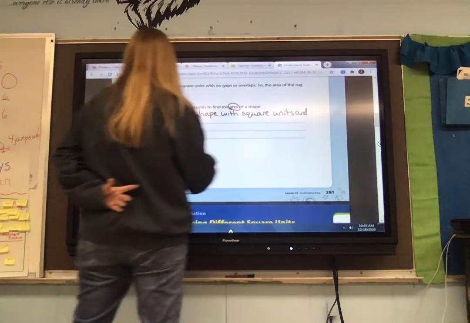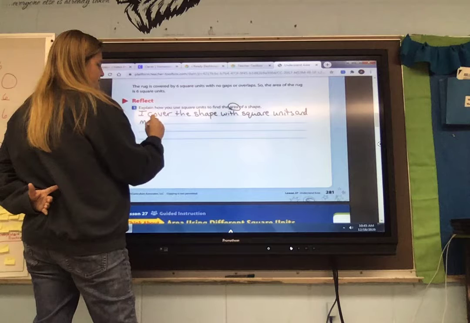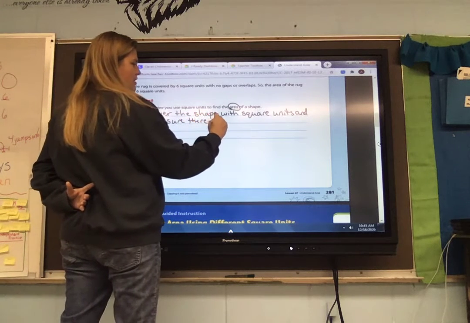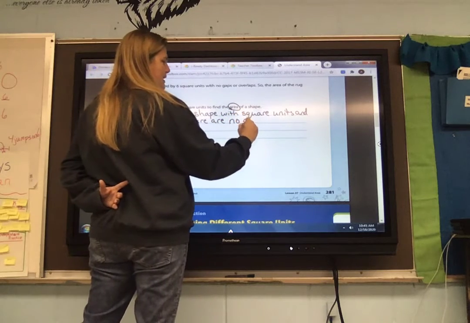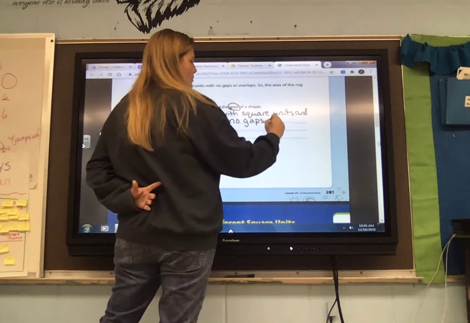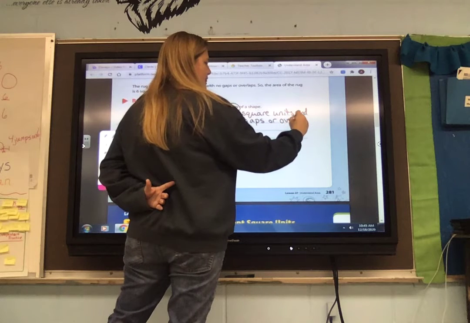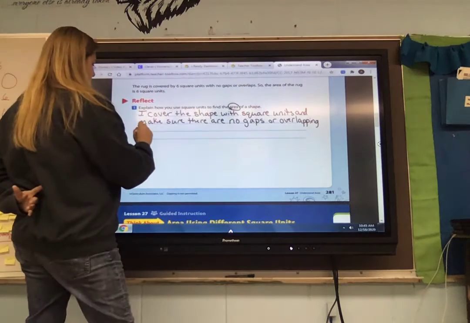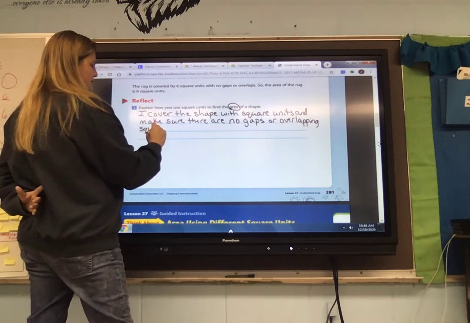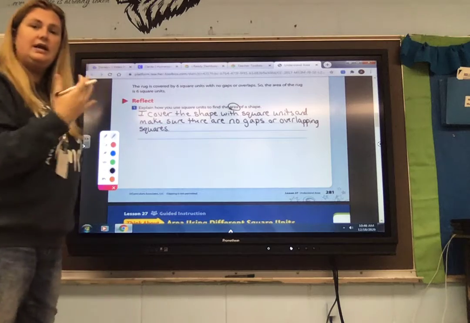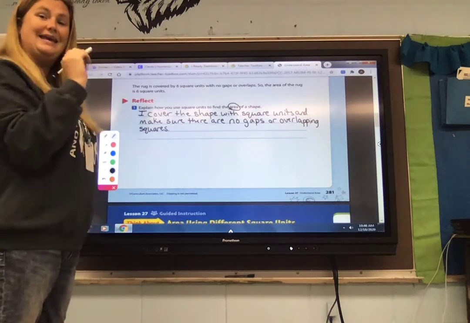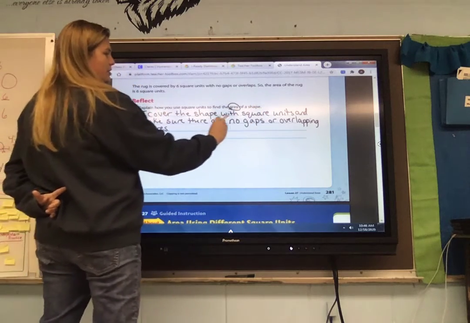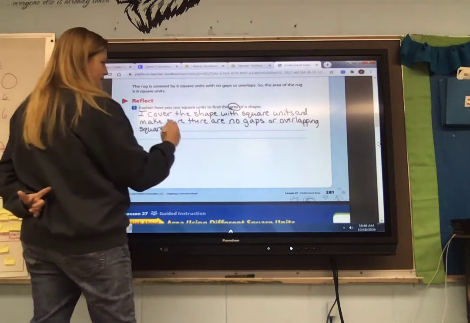And make sure there are no gaps or overlapping squares. Now, how are we going to find our area once we cover our shape? We're going to count them, aren't we? Because remember, we underline count. So I cover the shape with square units and make sure there are no gaps or overlapping squares.